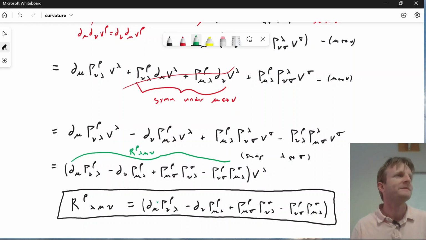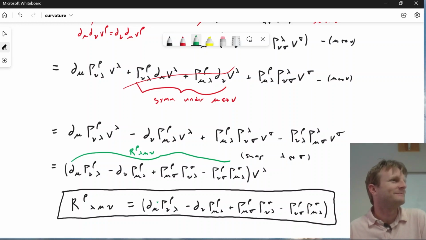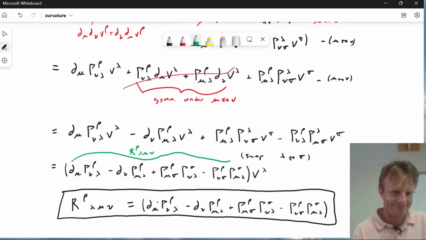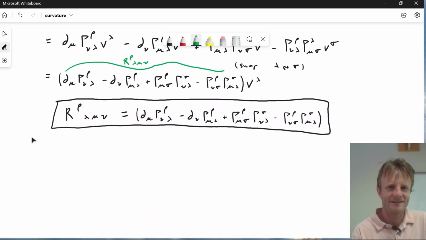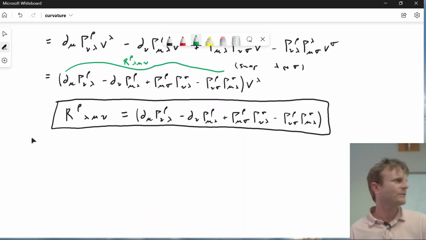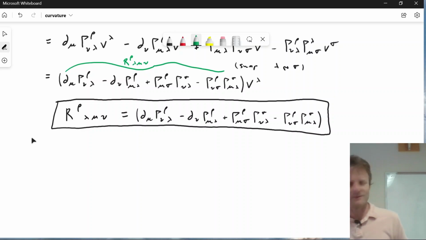It's a pain, yeah. Any questions? On the bright side, we only have to find 16 components. I think there's 20, but I haven't told you all the symmetries yet, so you don't know there's only 20.